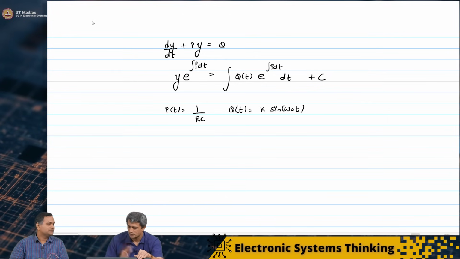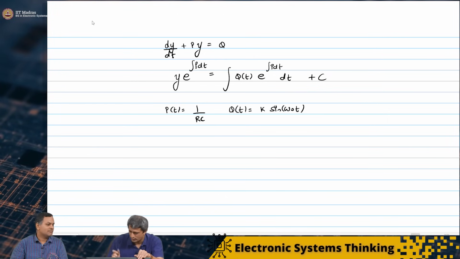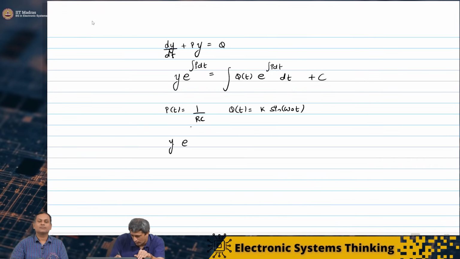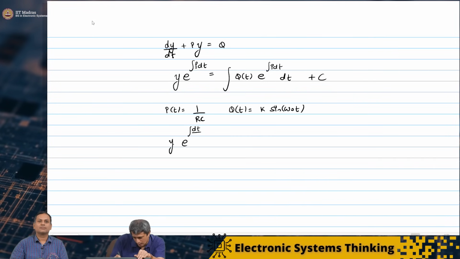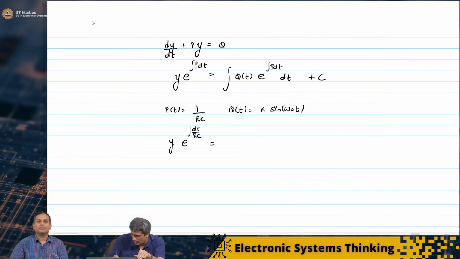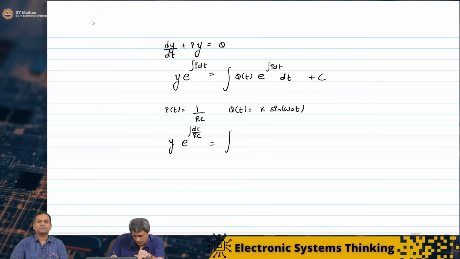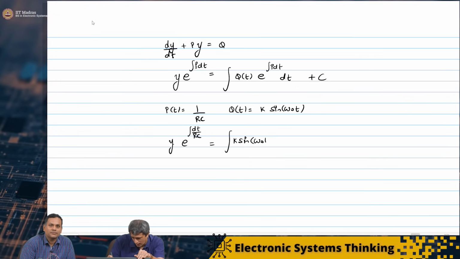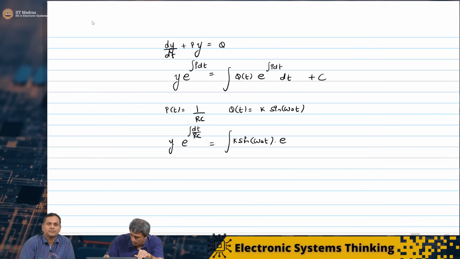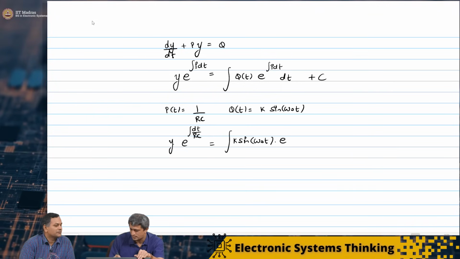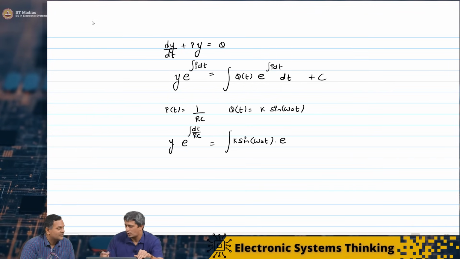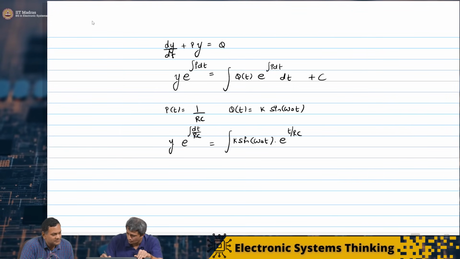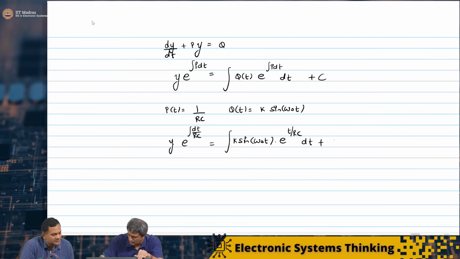So therefore, let's go ahead and try to solve this equation. We have y into e power integral dt by RC equals integral k sine omega naught t into e power, and this e power integral dt by RC is just e power t by RC, so I will replace that by t by RC, dt plus a constant.